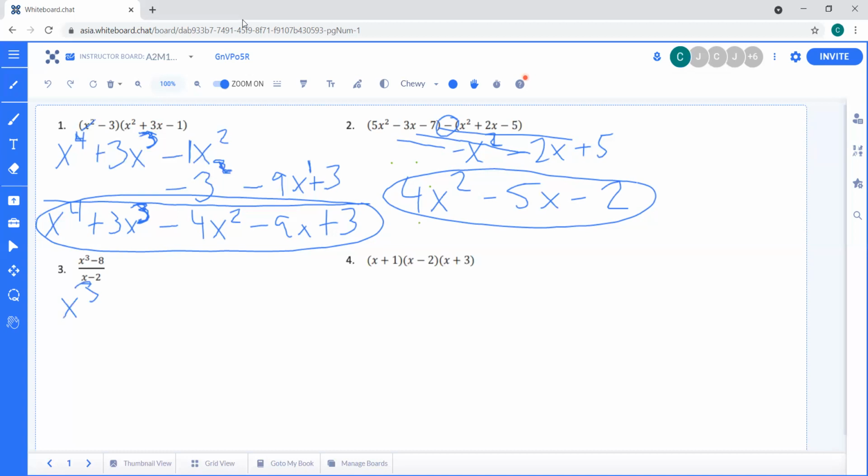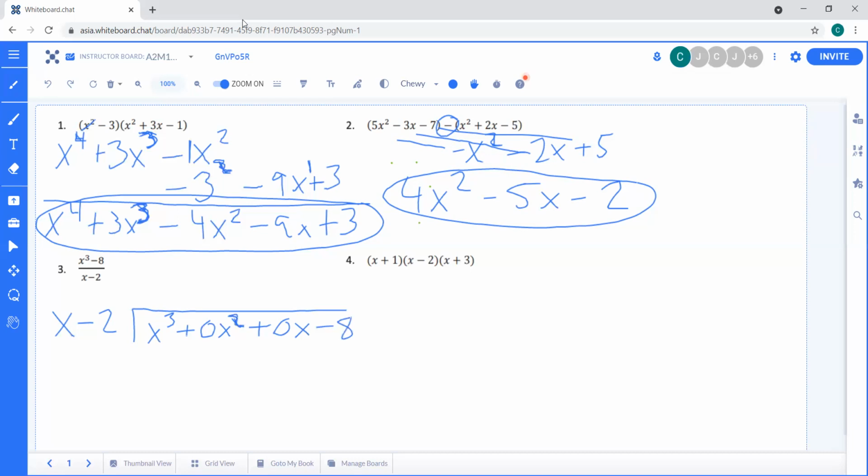Do that here. Okay. x minus 2 into x cubed plus 0x squared plus 0x minus 8.